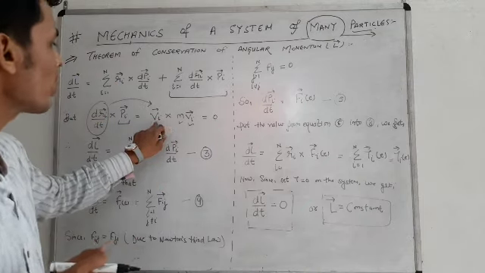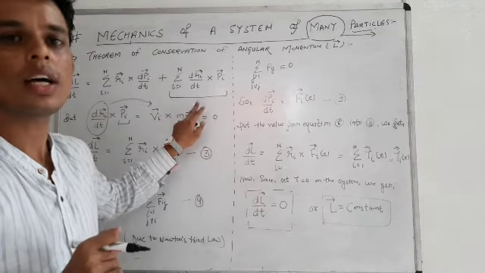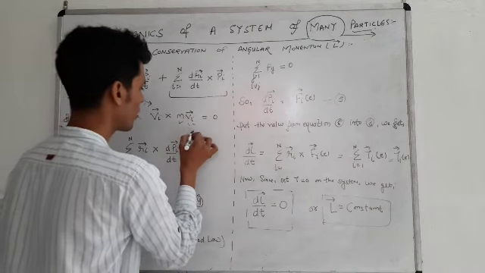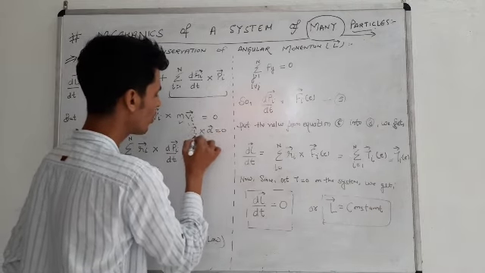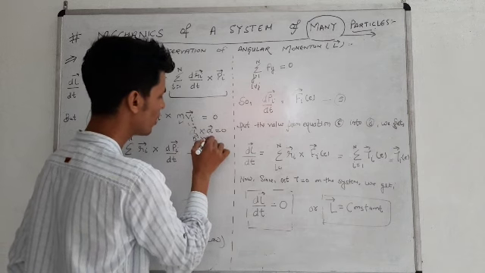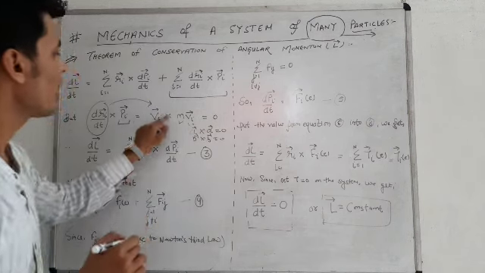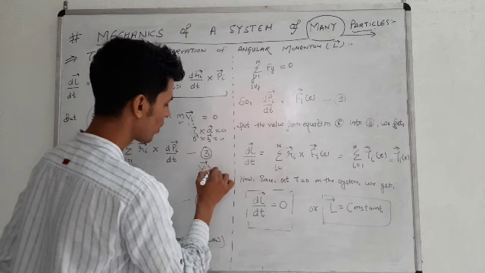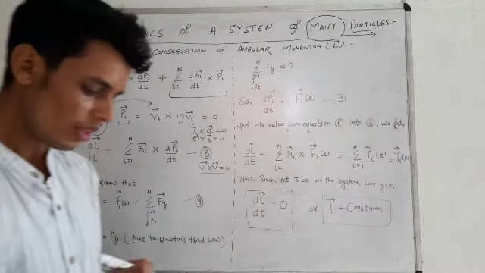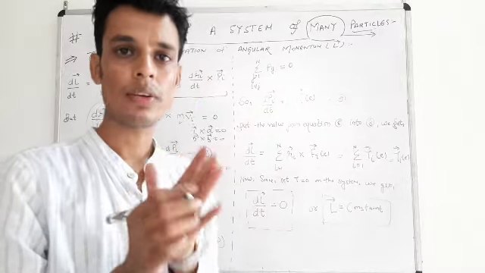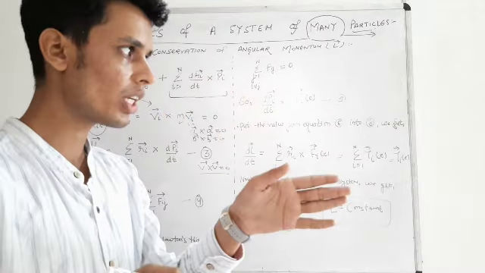Now since we know that the cross product of two same vectors is 0, a cross a is equal to 0, b cross b is equal to 0, similarly v cross v will also be 0, because the angle between the velocities will be 0.